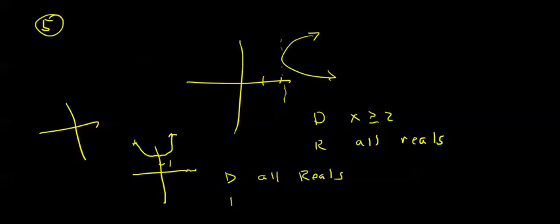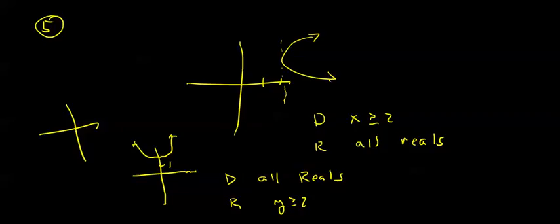The range, the smallest number in the range is 2. The range is y greater than or equal to 2. All right? So that's all the domain and range are. We did this, again, when we talked about functions and domain and range.